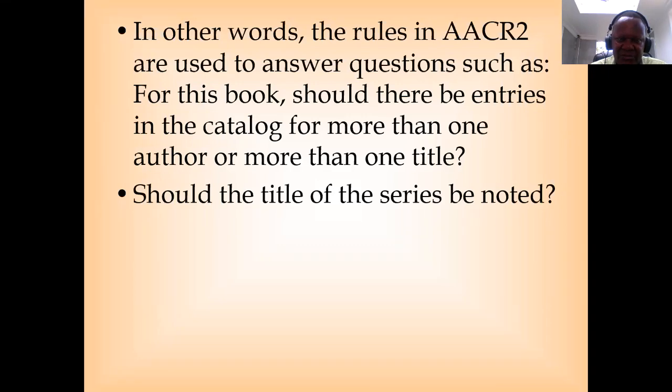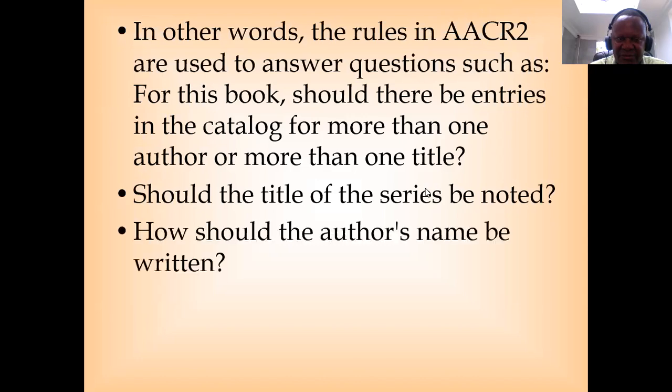Then using those rules, should the title of the series be noted? And indeed, if a book has a title of the series, we have been noting, but we get that authority from the rules. How should the author's name be written?